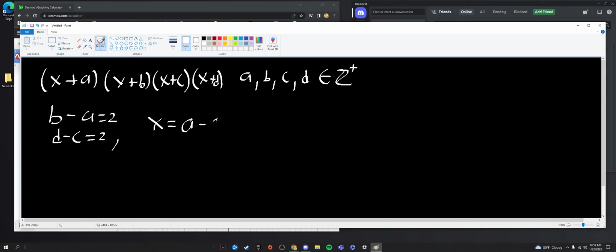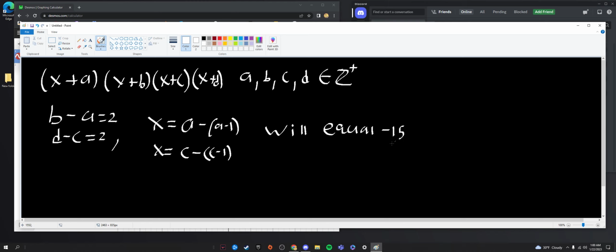Now a minus (a minus 1), which comes out to a minus a plus 1. So we'll just leave it. Then x equals a minus (a minus 1), and x equals c minus (c minus 1) will equal negative 15. This is my little conjecture here.